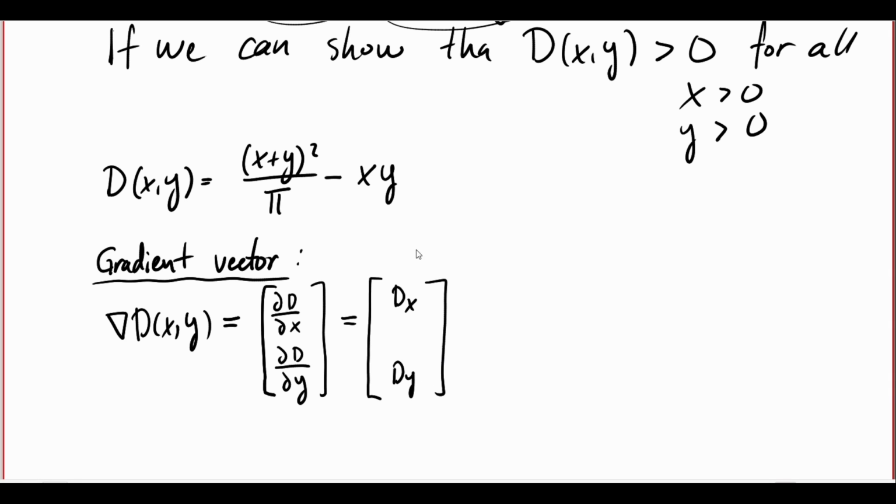This means that we are taking the derivative of function d with respect to x here, and then we take the derivative of the function d with respect to y here. And then we have to set it equal to 0, the zero vector, to be more precise. Okay.